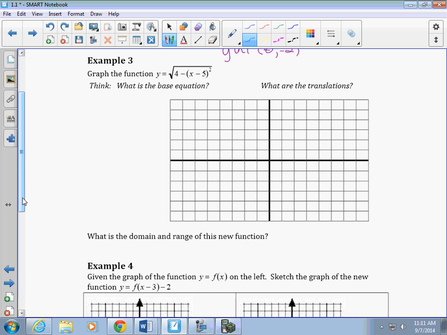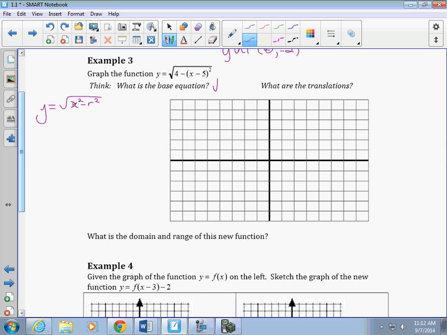And this is where you might get confused because it looks like it's just a regular square root function. But if you remember in the review, I gave you the square root of r squared minus x squared. That was for a semicircle. So this is a semicircle function.